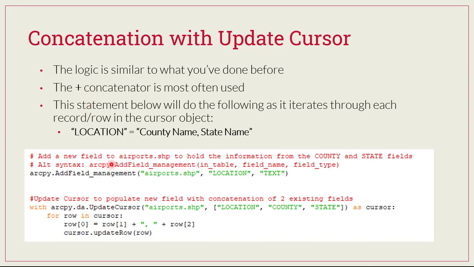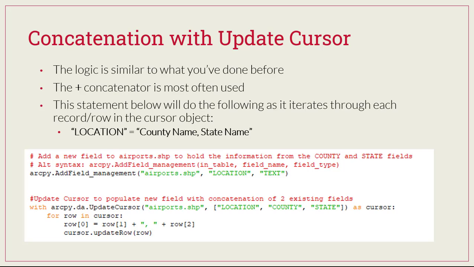So this statement below here, where we are using this concatenation with a plus sign and our comma here, is going to go through and combine the information for the fields sitting in row of 1, index position of 1, which is county, index position of 2, which is state, and place them into index position of 1, which is location. So let's walk through this a little bit.